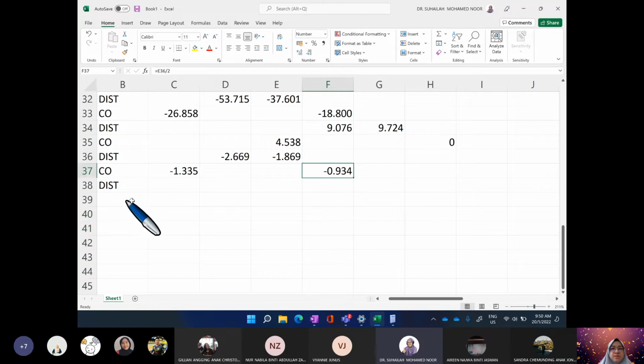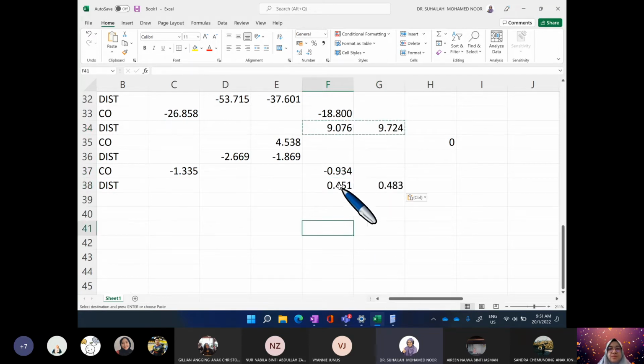Then it looks like we still need to continue the process because it is still far from 0, so we have to do this until we reach 0.0 something. This is still 1. Okay, so we continue, copy this.